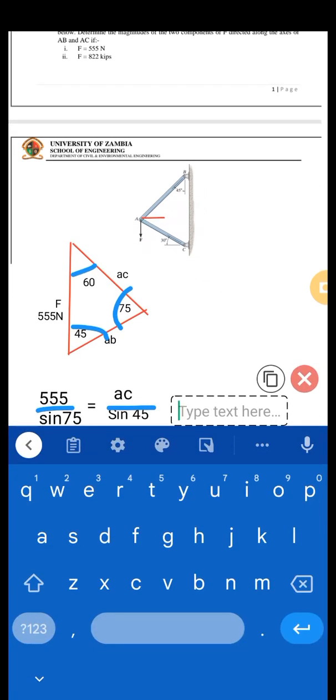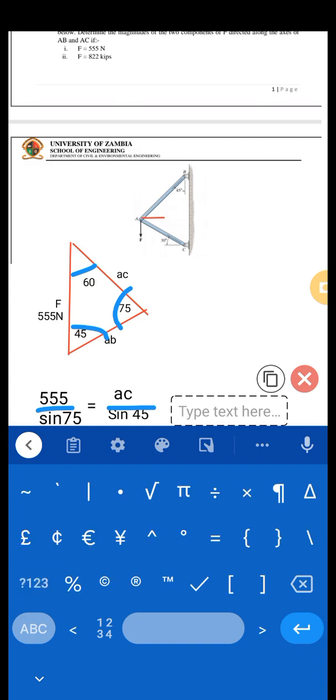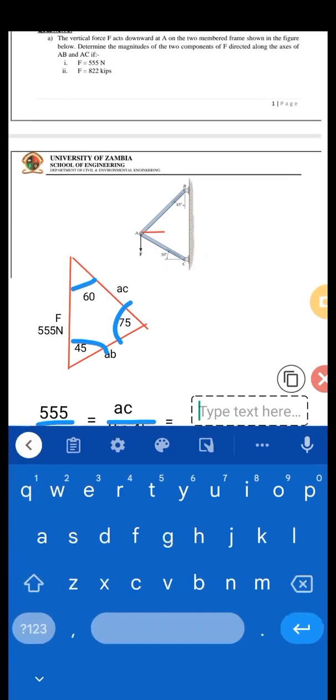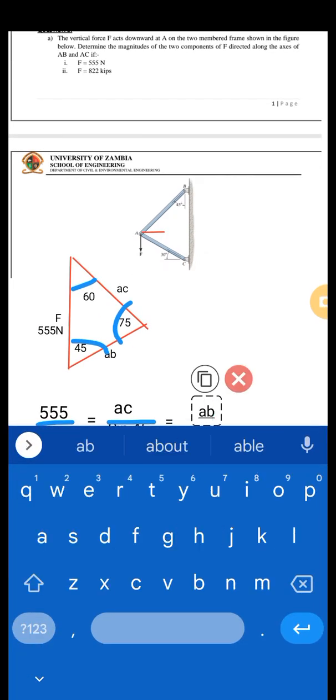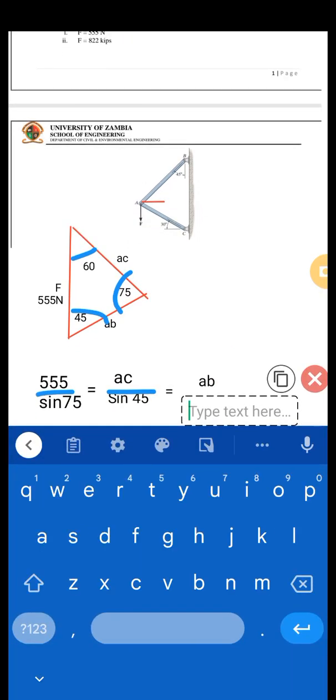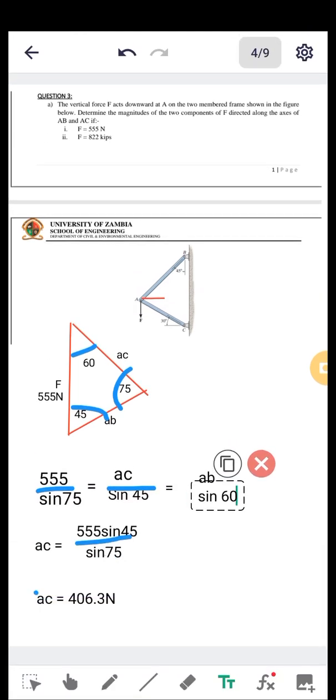Then for my AB, we can just simply equate everything here: AB over sine 60. Now you simply equate this one to this one because we have all the required values here.